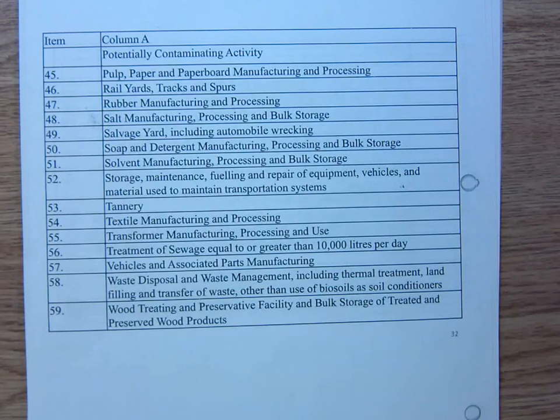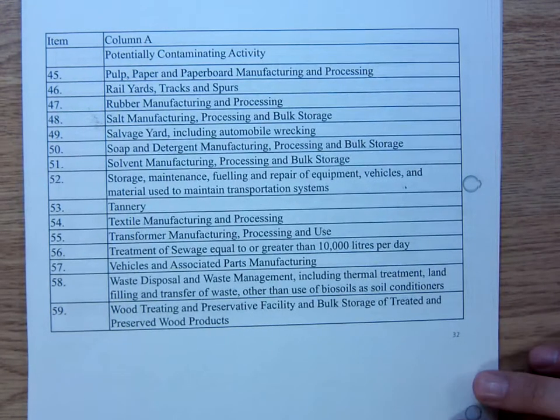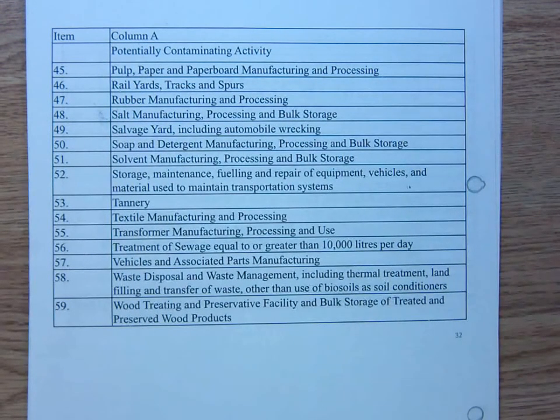Again, the list is very similar and it is also useful in Manitoba. If any of these activities have been happening in the past or are happening now on the property, and if you're going to assess the site, you will have to conduct a phase 2 environmental site assessment, and we will discuss what we do in a phase 2 environmental site assessment.